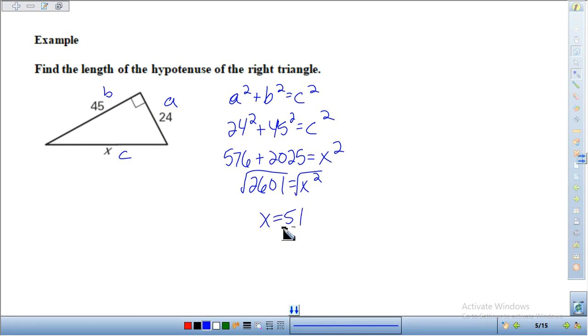Once you solve that, get it all simplified down, you should have ended up with a length of 51.